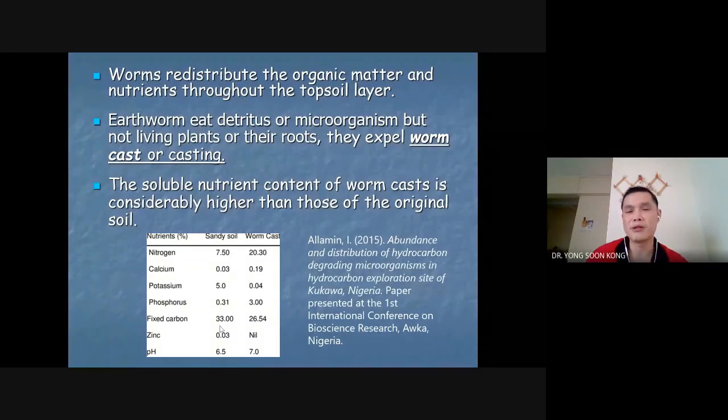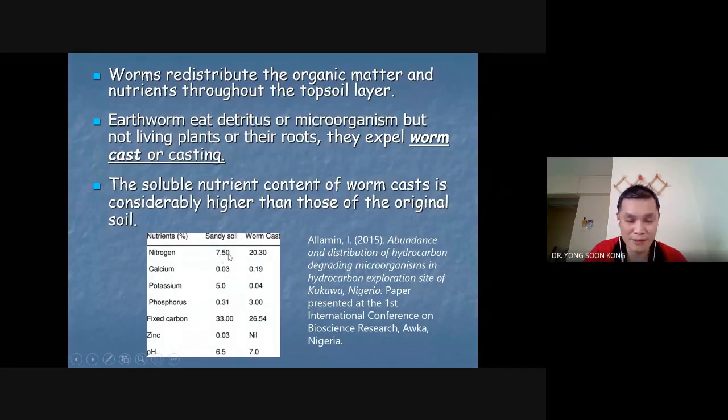See, they are comparing between the nutrient content of sandy soil versus worm cast. Now you can see that sandy soil is said to have no nutrient because sand has no ability to absorb nutrient. But in this study, they still have 7.5%, which is quite impressive actually. But anyway, as compared to worm cast is 20%. That is a lot, I tell you.